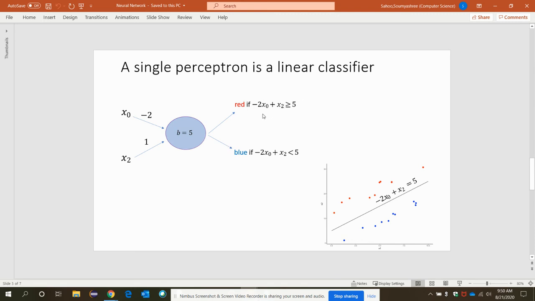If the value is greater than or equal to 5, then it is a red output, blue if the result is less than 5. Here x0 is -2, x2 is 1, and the bias value is 5.